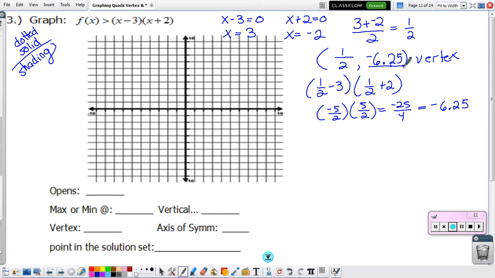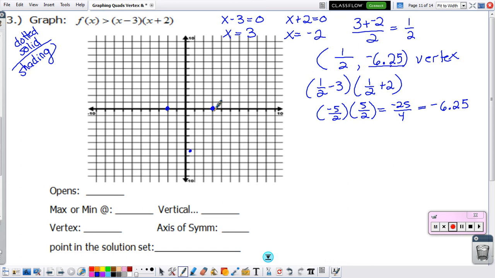So for the points we do have, we're going to have to be careful here because it's 1/2, down 1, 2, 3, 4, 5, 6, and 0.25. You're just going to have to eyeball it a little bit there. Do the best that you can. And then we're going to plot our zeros. So we're at -2, 0 and 3, 0.